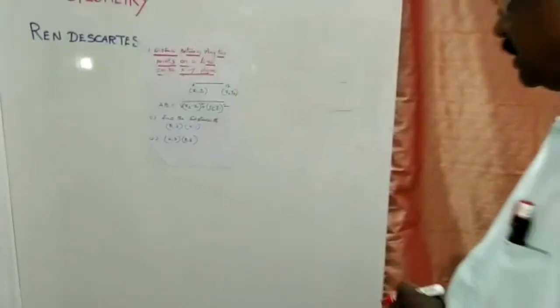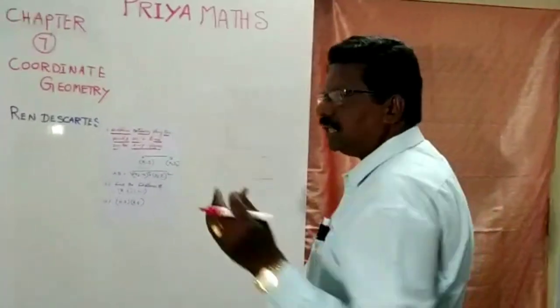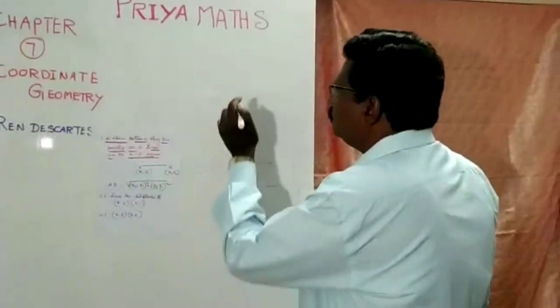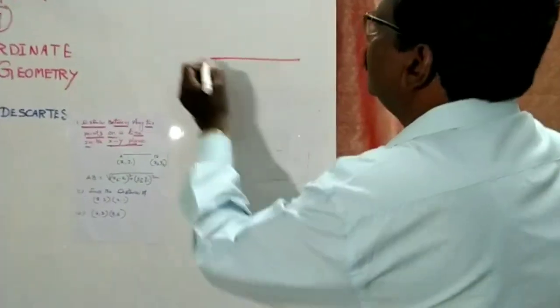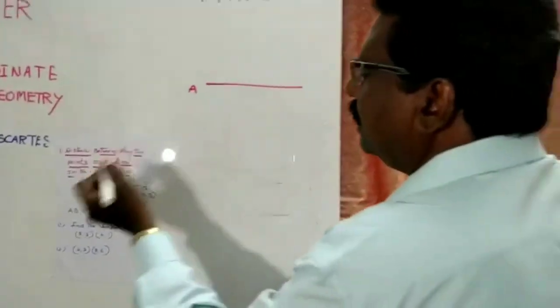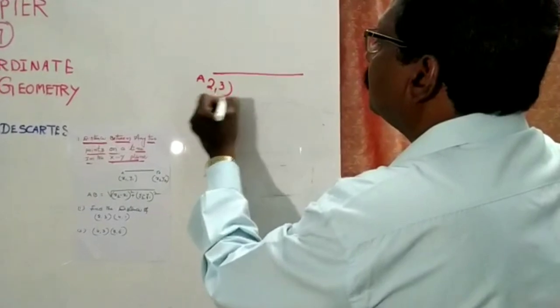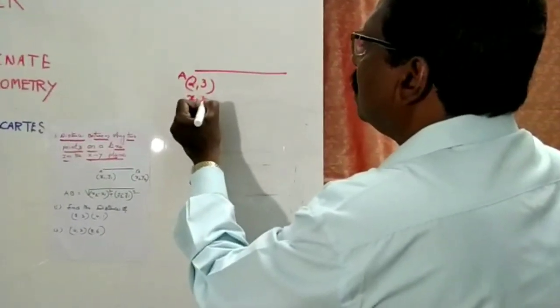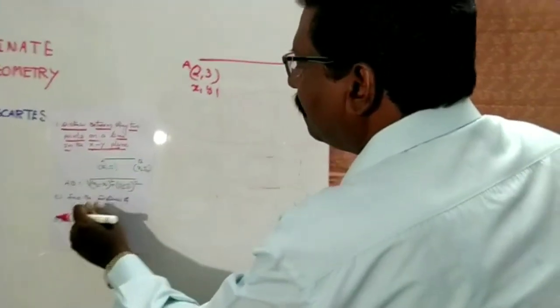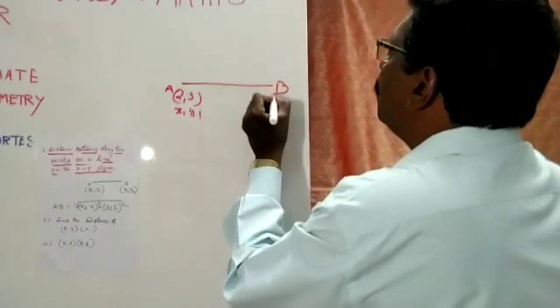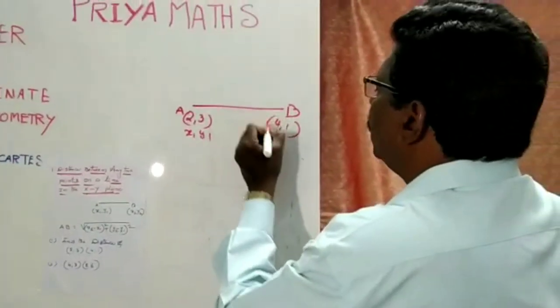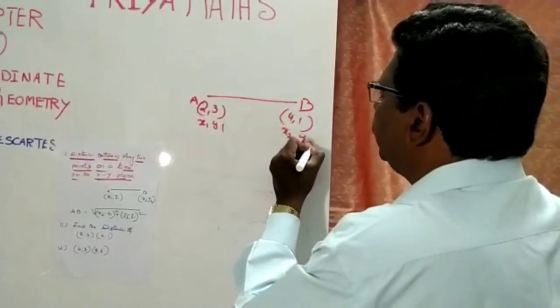I can explain on the board first. When they give a problem like this, you must write it in one line. Say A, what is A? A is (2, 3), say this is x1, y1. B is (4, 1), x2, y2.